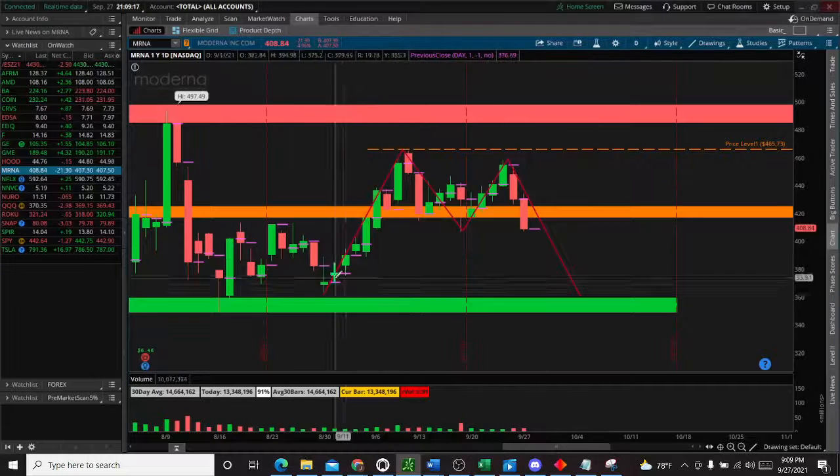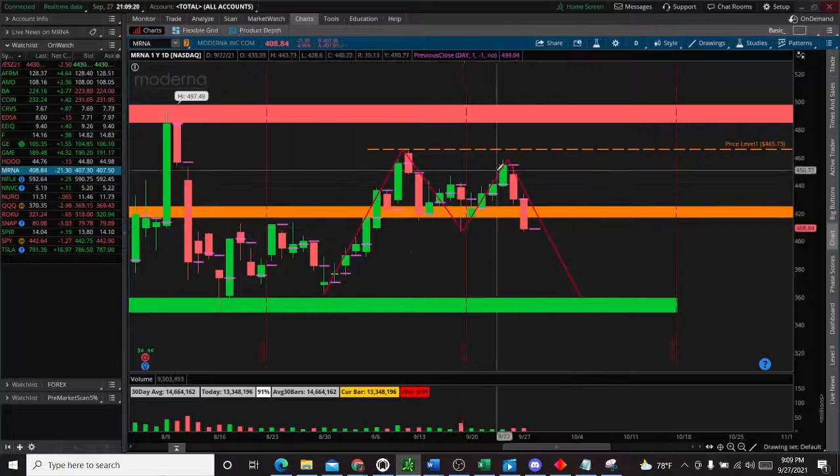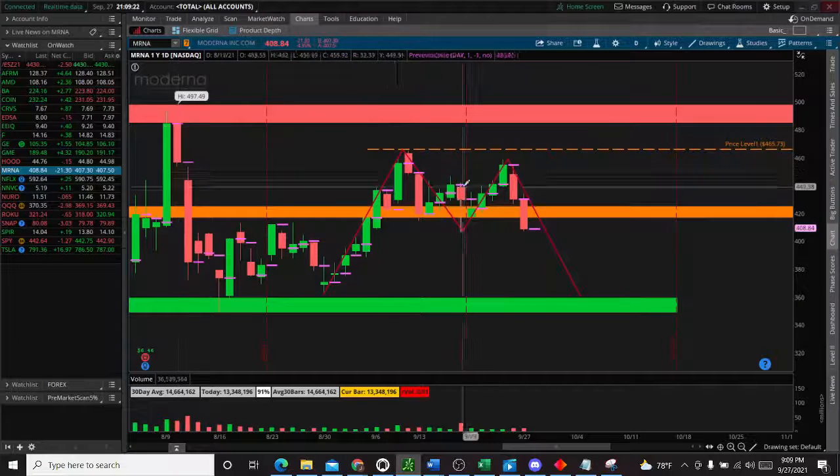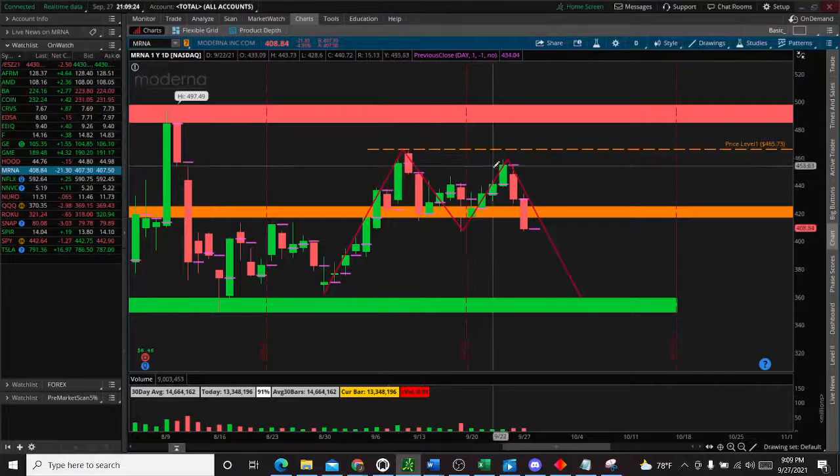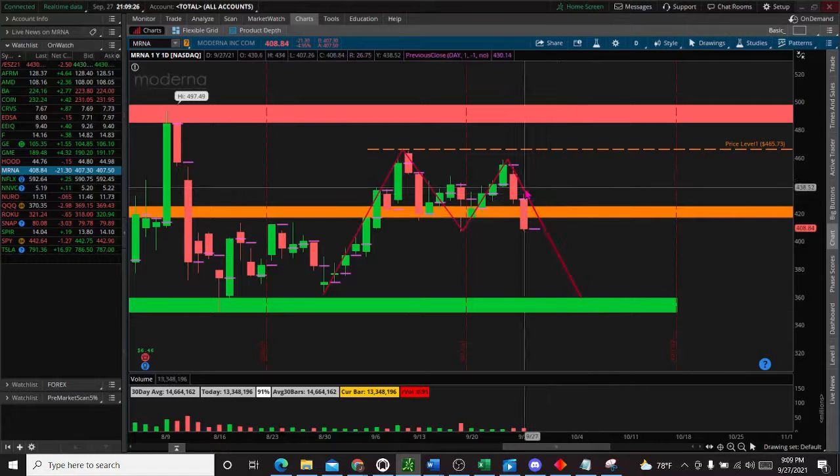So you're coming off a double top after struggling to get back to the previous all-time high, rejecting the 460 twice. That is plenty of confirmation to consider a Moderna short as long as no news is present.